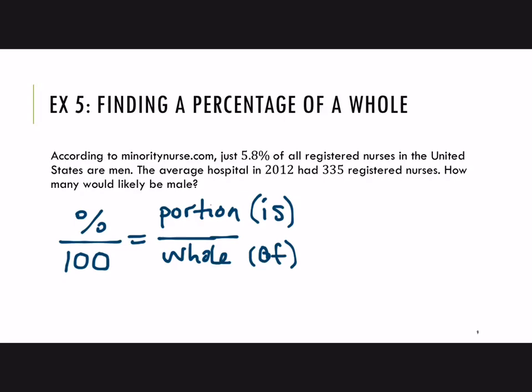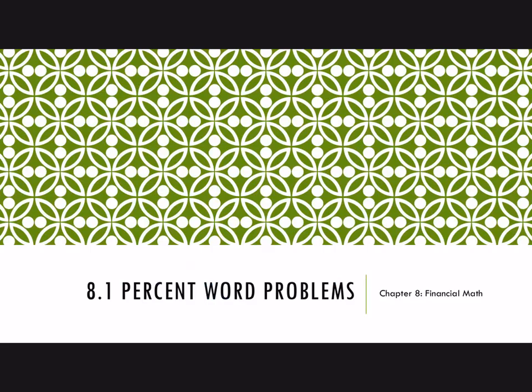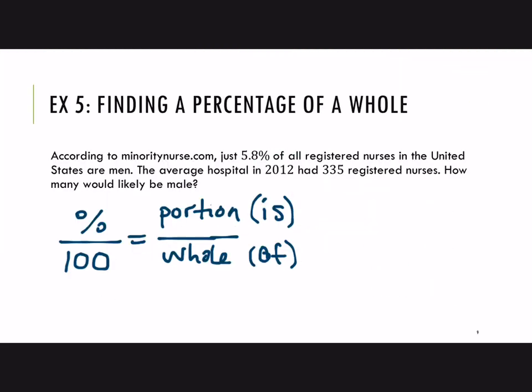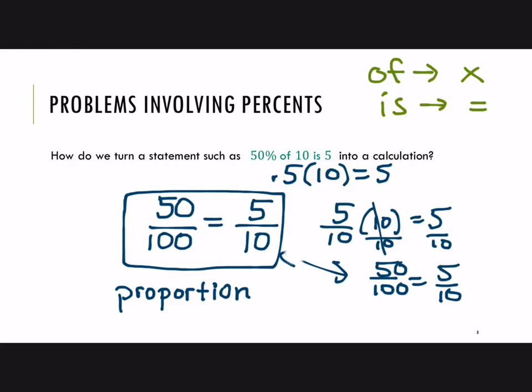Okay, so if you look back at the previous example, all right, we had 50%, right, so here's the percent, 50. Okay, the number that goes with is was 5, and that is in the numerator. And then the number that went with of is in the denominator, the 10.